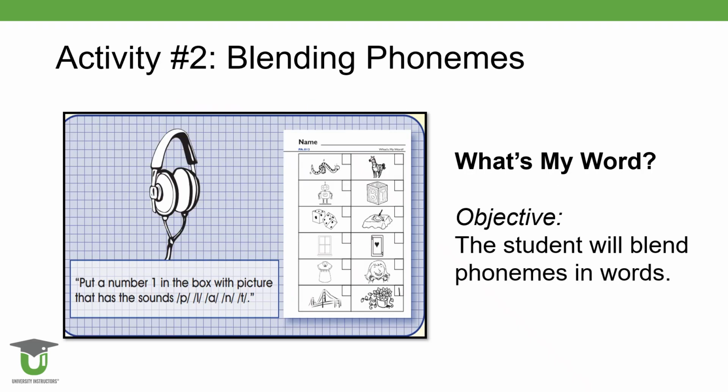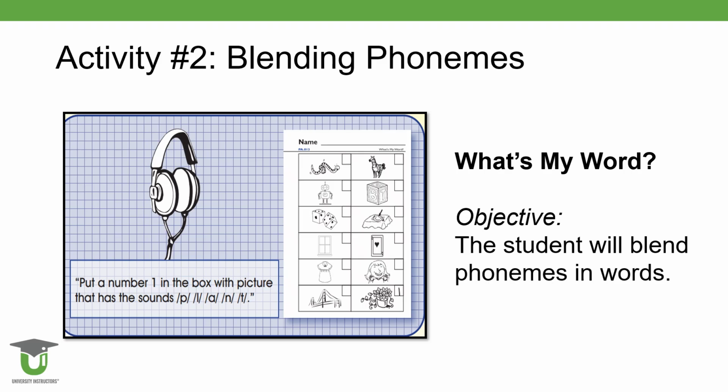In this blending phonemes activity, students blend sounds into words and match to the corresponding picture. In the first step of this activity, the teacher sets up the listening center and provides each student with an answer sheet.